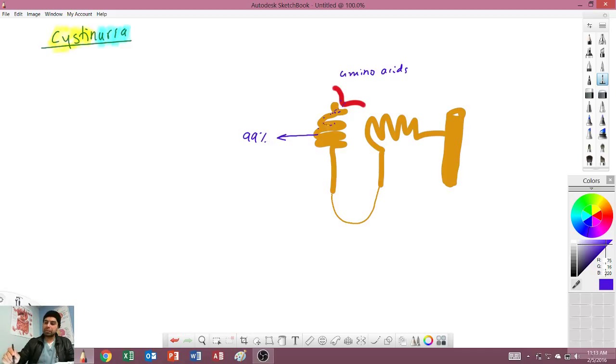Immediately. This region, where I have the arrow, is known as the proximal convoluted tubule. And this area right here is the distal convoluted tubule. This is known as the loop of Henle. And this is the collecting duct.